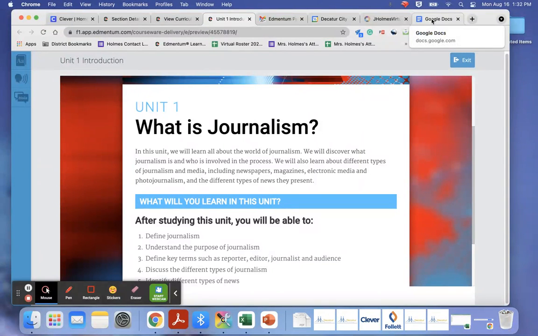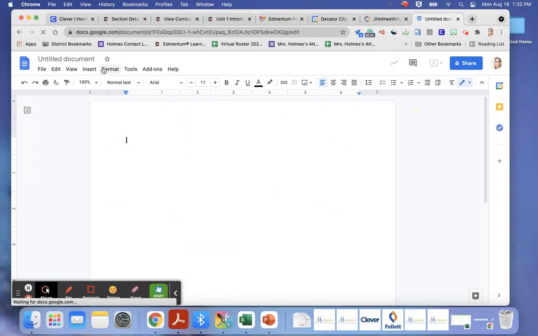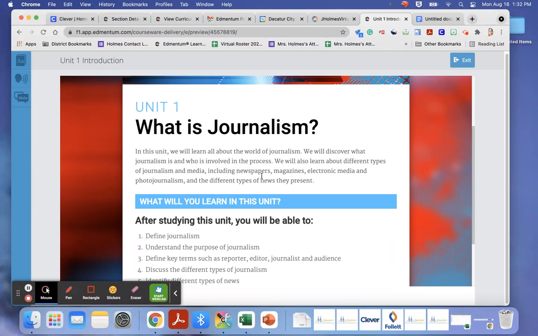Okay, so what I do is I go to Google Docs and I go to blank. Okay, so this is the first lesson. It is called Unit 1, What is Journalism?